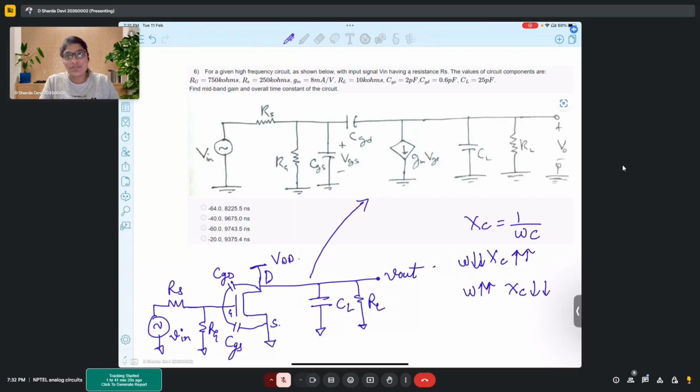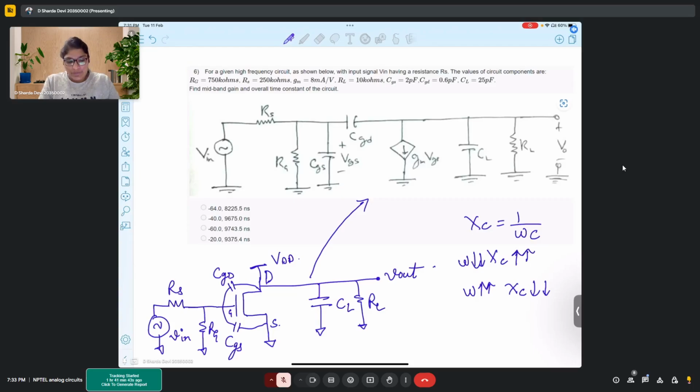In low frequencies, we consider it open circuit until anything is mentioned. If nothing is mentioned, we would consider it as open circuit. In some questions there was a low frequency response given, which means capacitors are not considered, they open the capacitors. That is not always true.